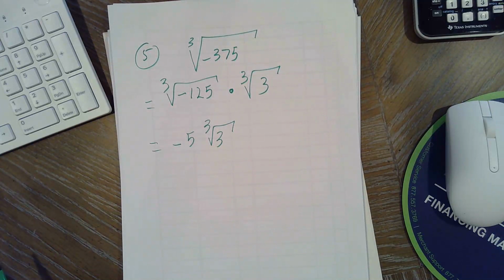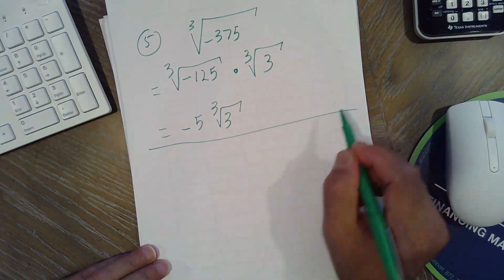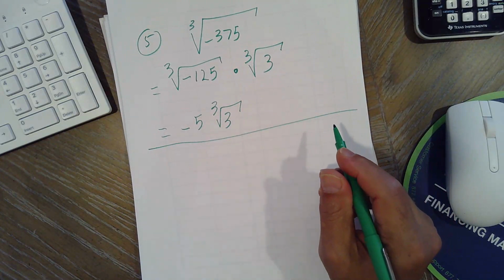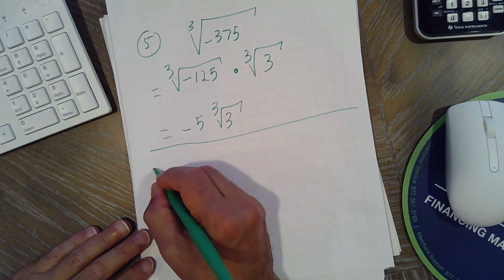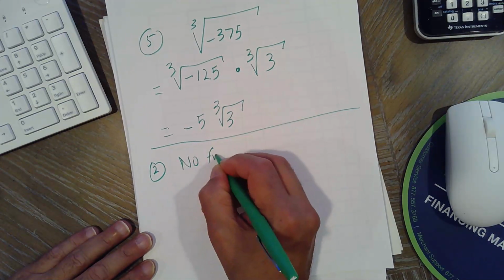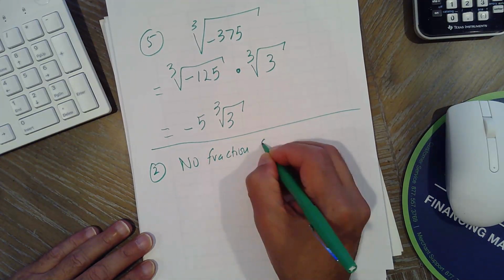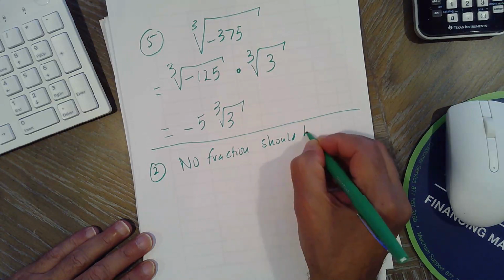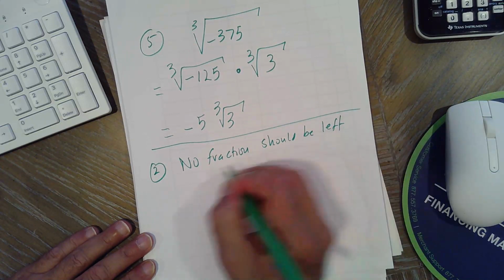So that's the first step in simplifying radical expressions, is to take out the largest perfect square or cube factor, depending on the index. Then the second step to simplify a radical expression is no fraction should be left under the radical.